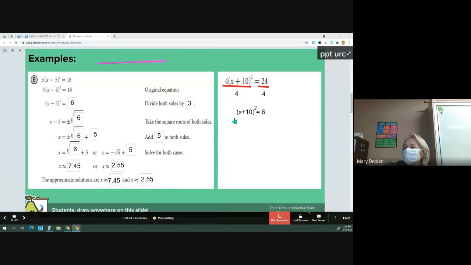This looks really good right here. So if I divide both sides by 4, the 4 divided by 4 is just 1, so we're just left with the x plus 10 squared. And on this side, 24 divided by 4, that's just 6.